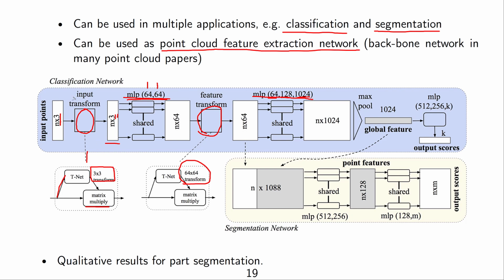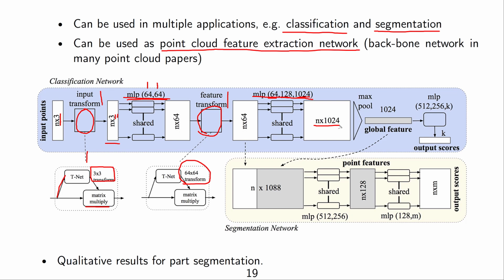If you would delete these 2 blocks, the input transform over here and the feature transform over here, then you would obtain this network as we discussed in the previous slides. So after this second MLP, we obtain a point cloud where each point has now 1024 dimensions.